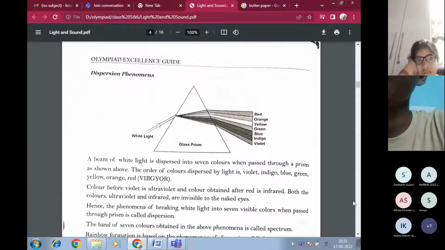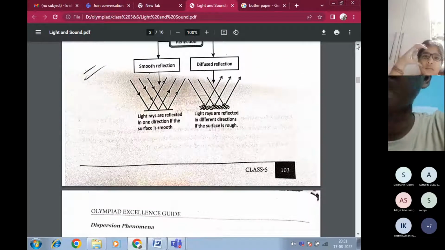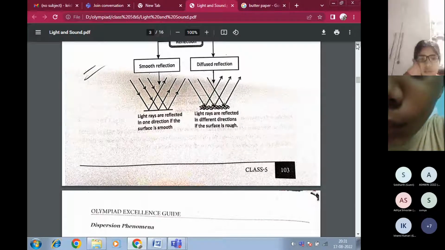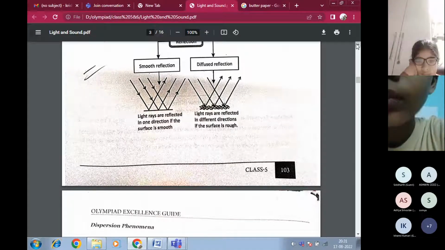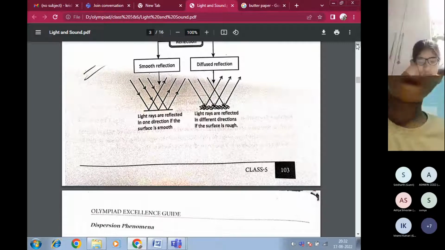Ma'am, I can't understand the smooth one. Can you explain again? See, for example, you have a table in front of you. It is flat, neat. That is your smooth surface. And if, for example, you keep 5 books on one side, then in a row 5 books in a line, then 2 books, then 5 books more over that, then again 2 books, and next 10 books after that.